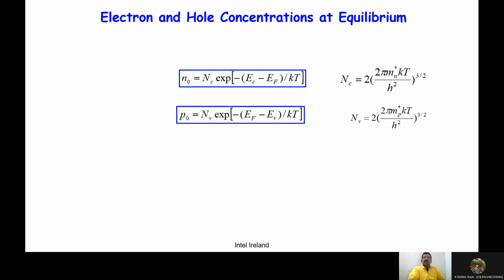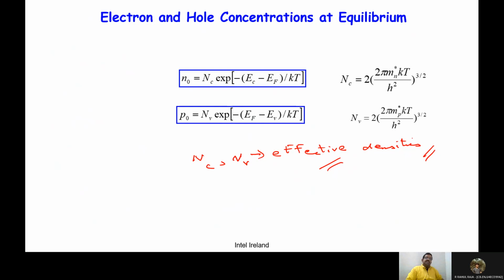So the expression, we arrive at this derivation, and here Nc and Nv are called the effective density of states. I introduce a new term, effective density, because not all of the states are getting filled. We consider only those states which matter to us, so we bring in the term effective.